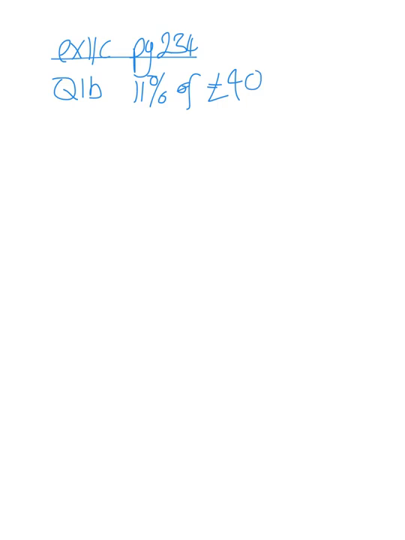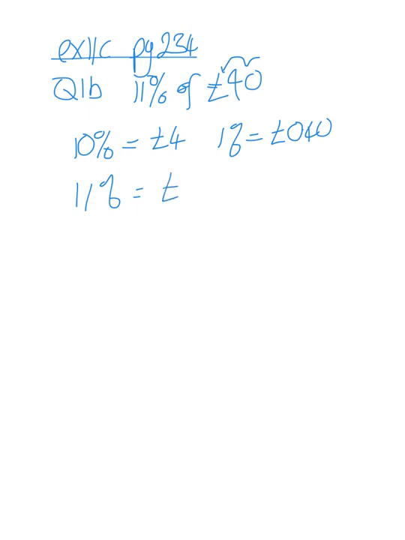Well, I know 11% is made up of 10% and 1%. 10%, we just divide by 10, so 10% of 40 is going to be £4. 1% we would divide by 100, so 40 divided by 100, move the decimal point 2 places, would give me 40p, or 0.40 pounds, we'll work in pounds. Therefore 11% is going to be £4.40. So that was question 1B.